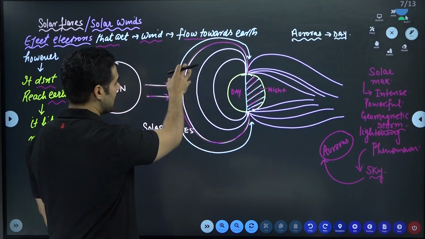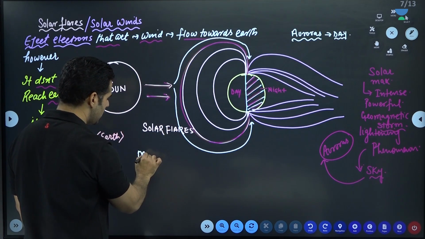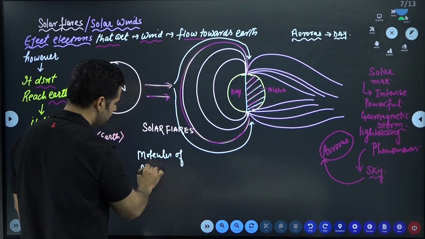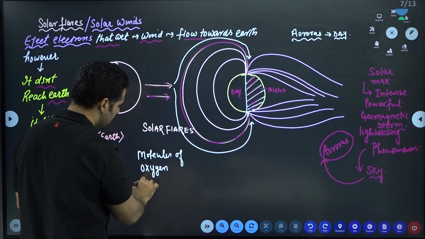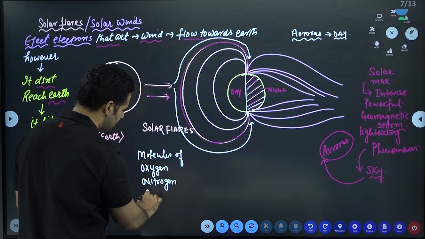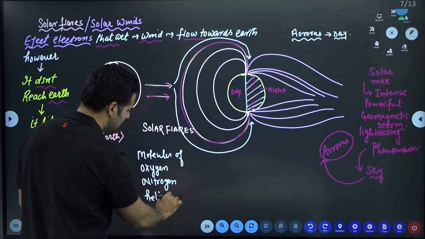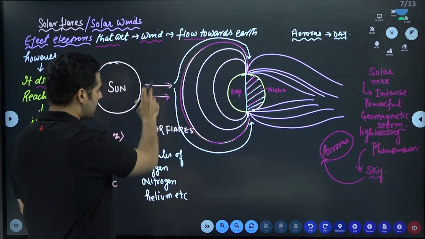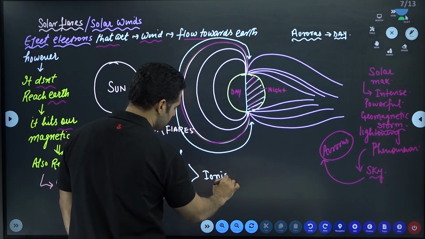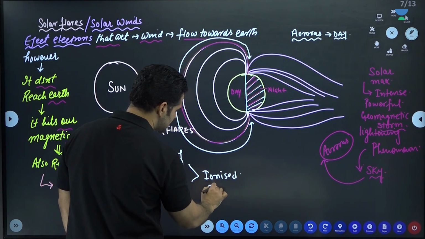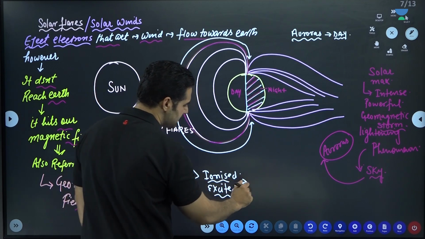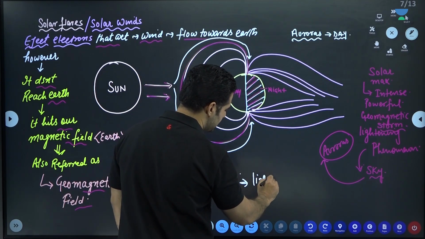Now, what is happening here? Here if you see the molecules of oxygen, nitrogen, helium, etc. Under the influence of these solar flares, they get ionized or get highly excited. Is this clear? And thus results in this lightning.